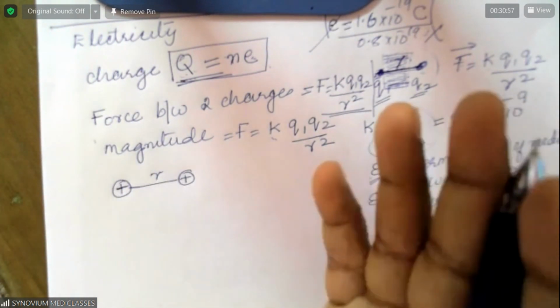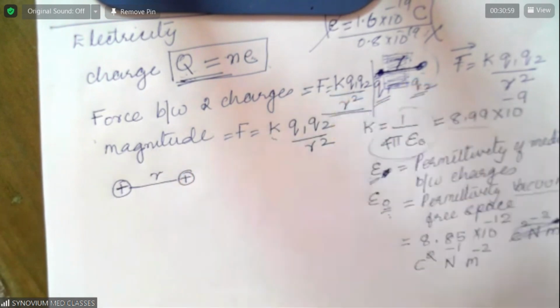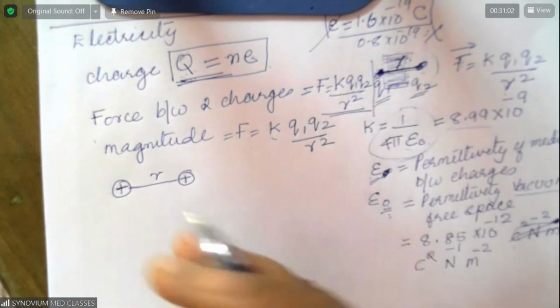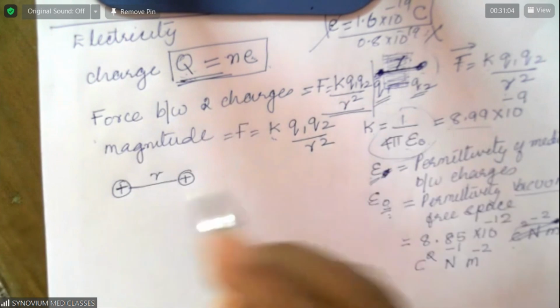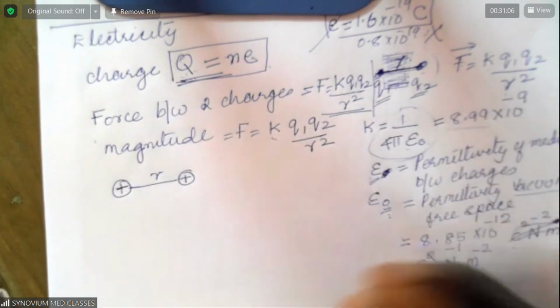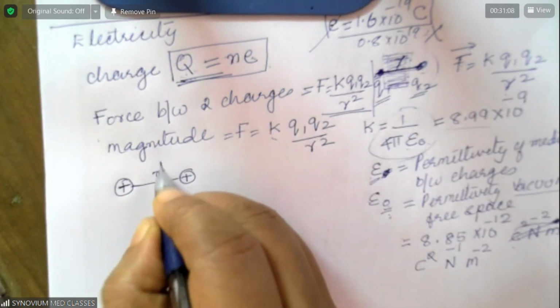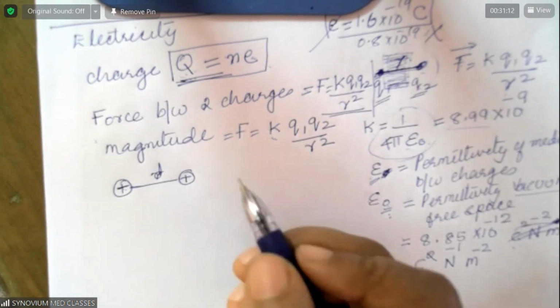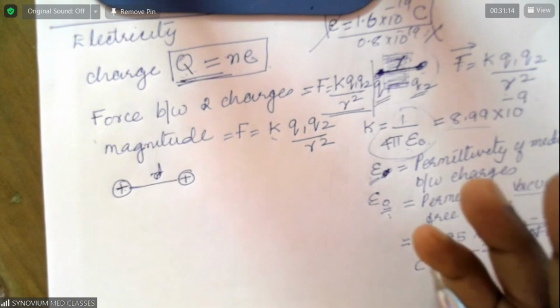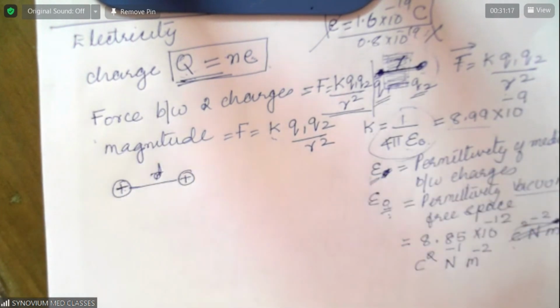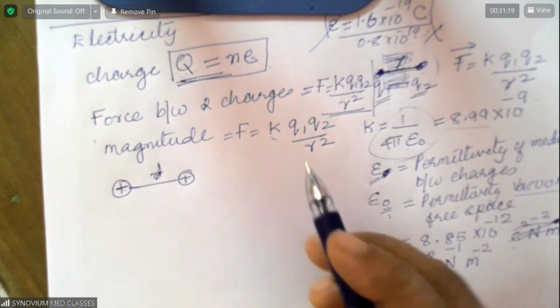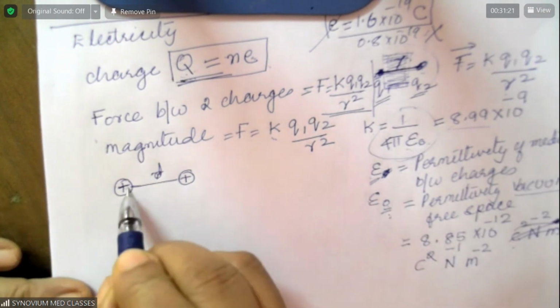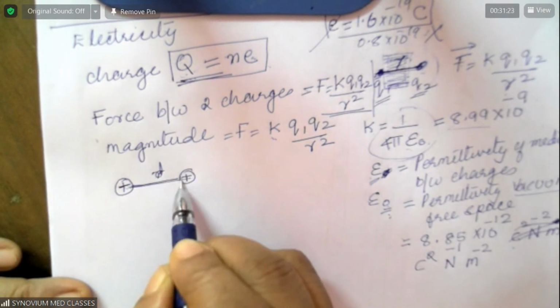You can give any letter, X, it doesn't matter, but in your textbook it is R. That's why I have given R. You can put D and write it is the distance between them. It's not the radius; R is used for the distance.